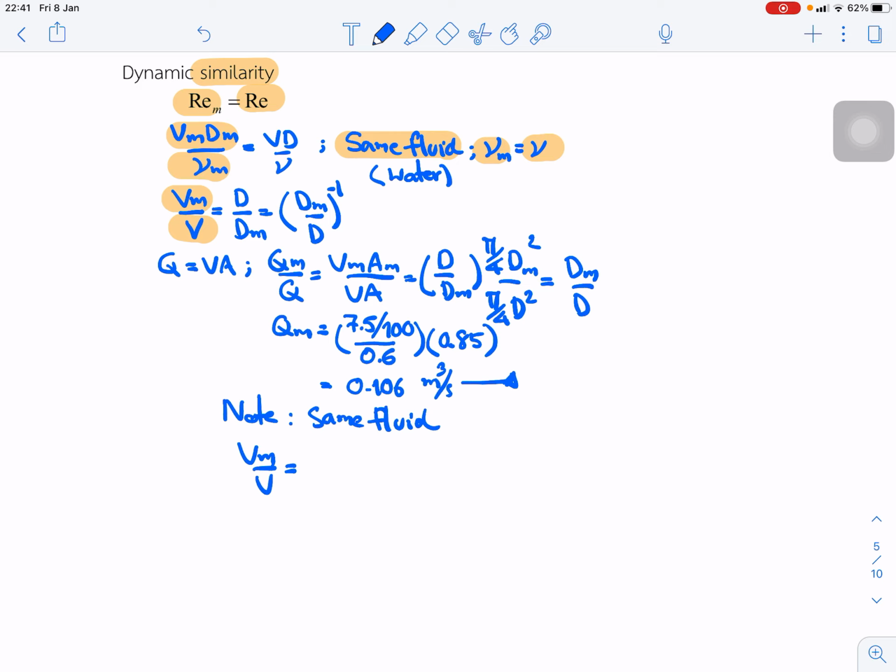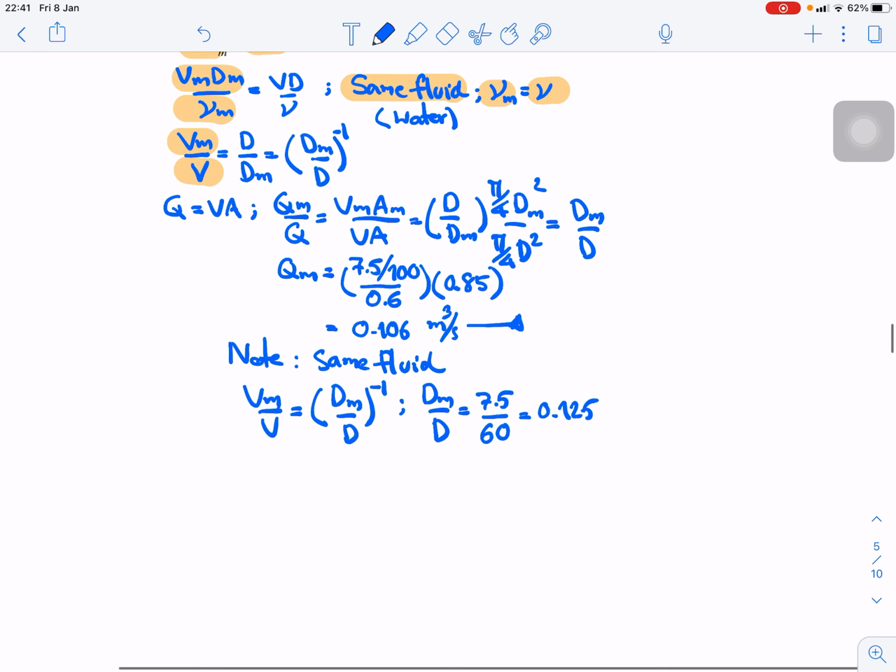The ratio of the V model compared to the V prototype equals, from above, the reverse of Dm over D. In this case, Dm over D is 7.5 compared to 60 centimeters, so it's about 0.125.